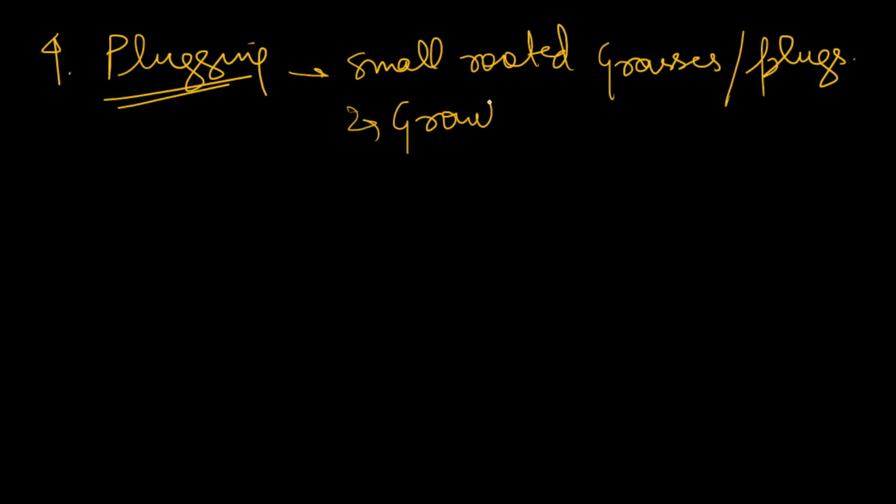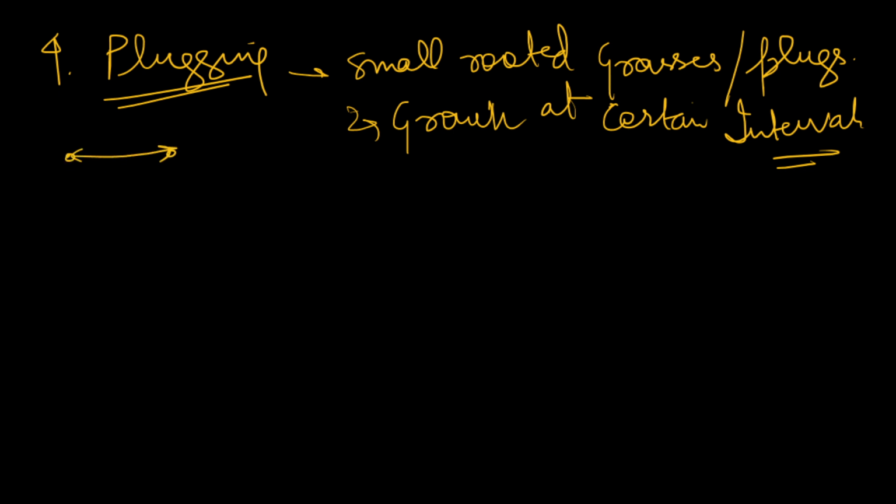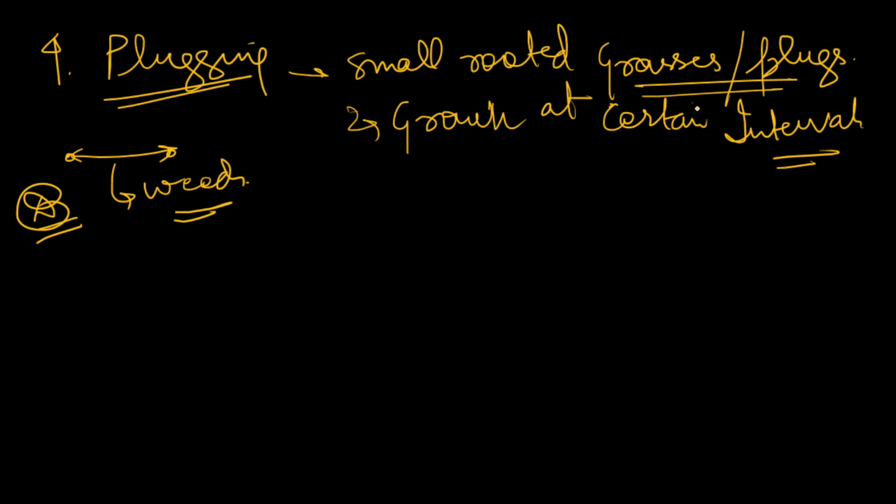It's very similar to dibbling, but here the spacing is a little bit more than dibbling. Due to the larger spacing, you can mention in disadvantages that weeds sometimes grow between them. Advantages and disadvantages will be very similar to dibbling. So we take some plugs, that is small rooted grasses, and grow them at certain intervals.